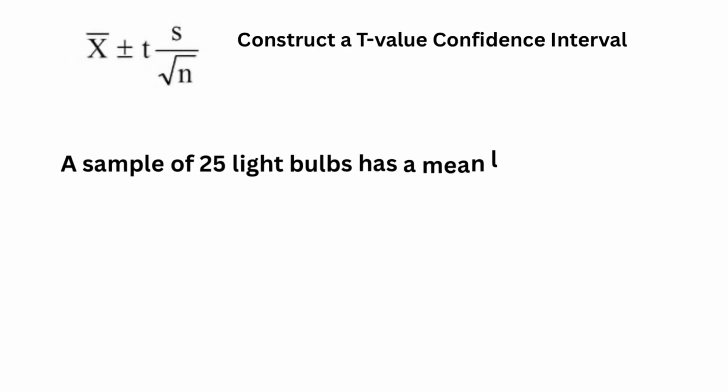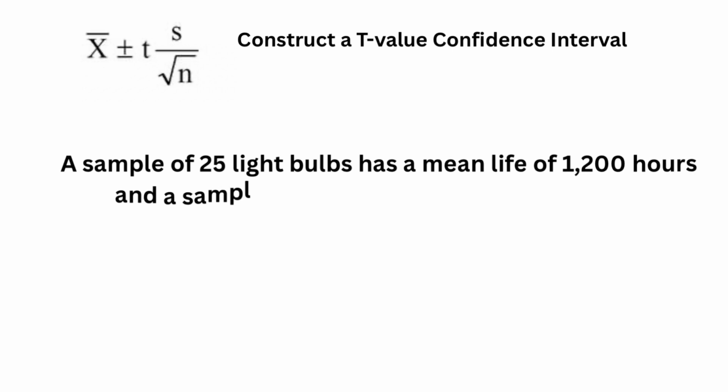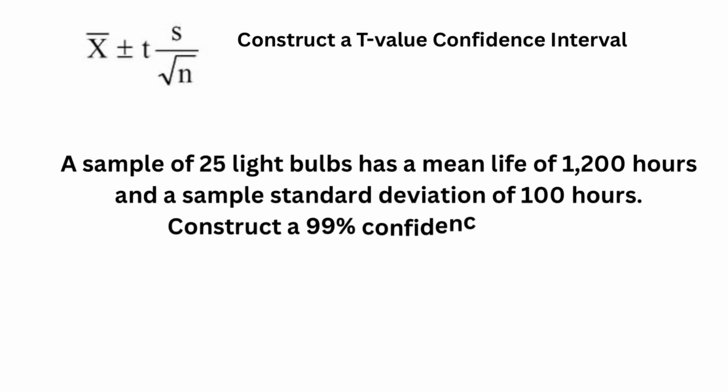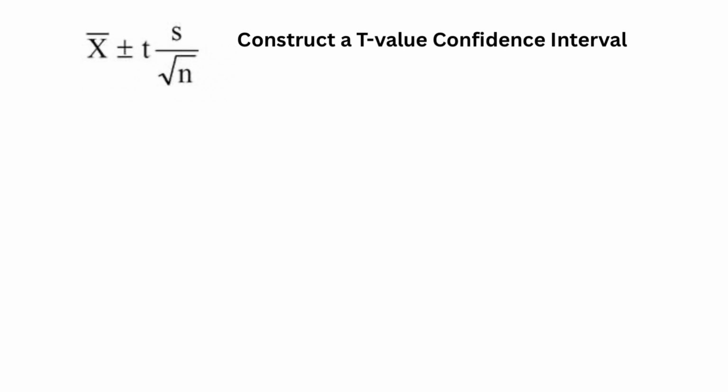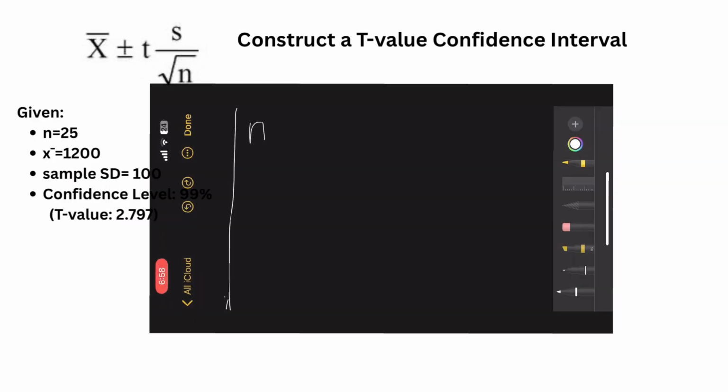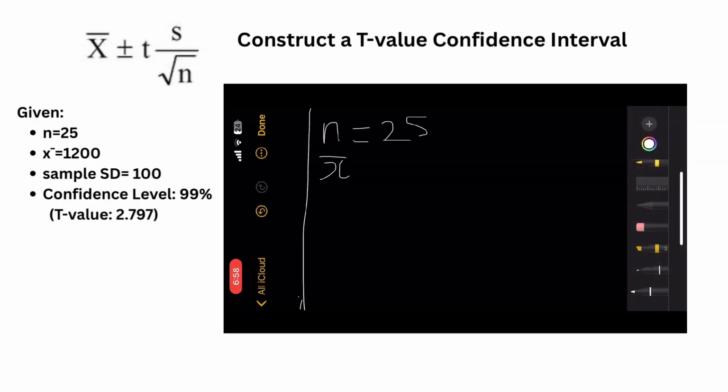Let's try an example using the t-value to construct a confidence interval. A sample of 25 light bulbs has a mean life of 1,200 hours and a sample standard deviation of 100 hours. Construct a 99% confidence interval. We are given the sample mean 1,200, the sample standard deviation of 100, the sample size of 25, and a 99% confidence level, which has a t-value of 2.797.